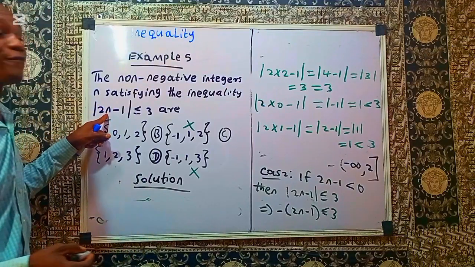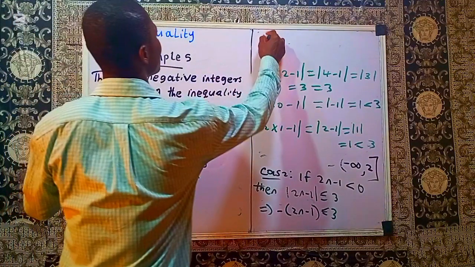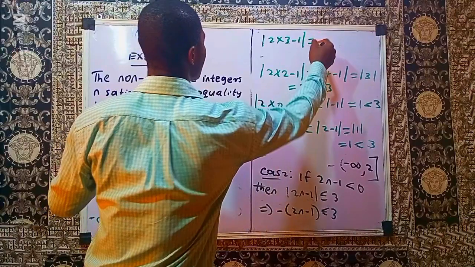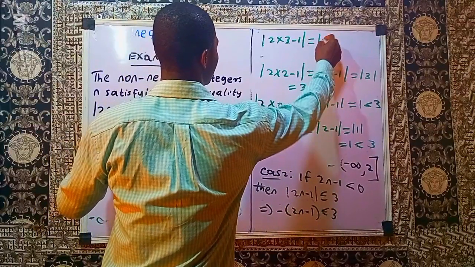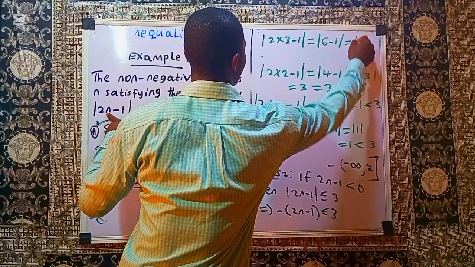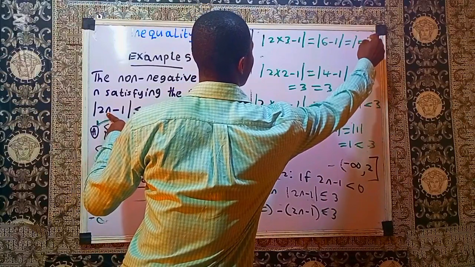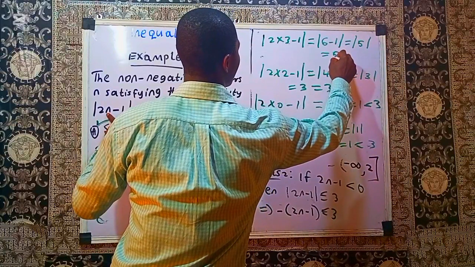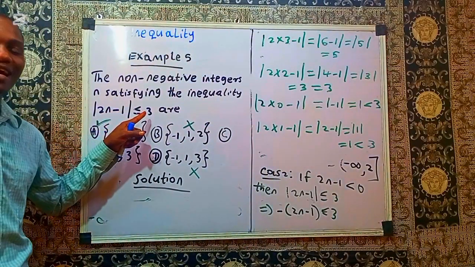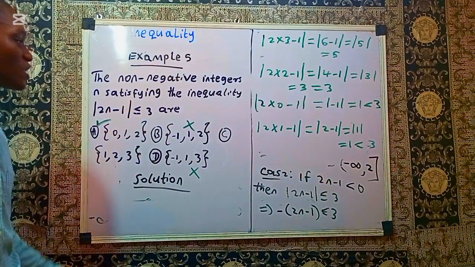Now, if you put n as 3 here, you are going to have the absolute value of 2 times 3 minus 1. 2 times 3 is 6, and 6 minus 1 is 5, and the absolute value of 5 is 5. Now the question is, is 5 smaller than 3? No, 5 is not smaller than 3.